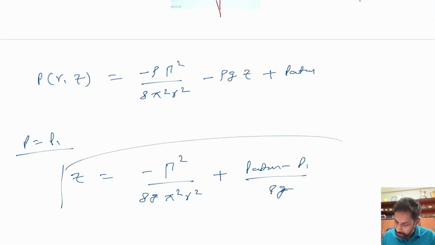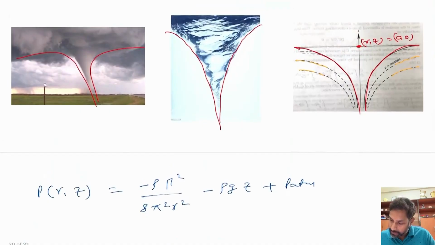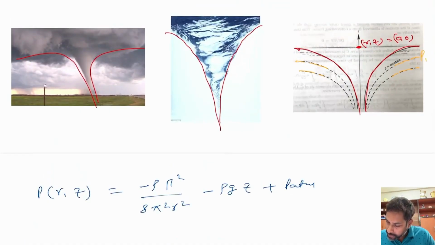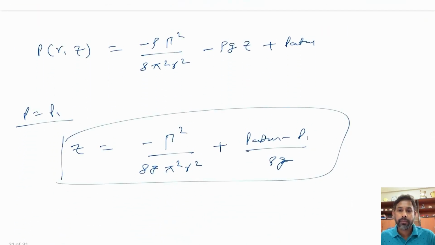Right, so now this will give you the profile of this curve. If you assume this is your P1, let's consider that's P1. Now if you want to find the profile for this one, then you just put P equal to P2, and that will give you the profile of that one.